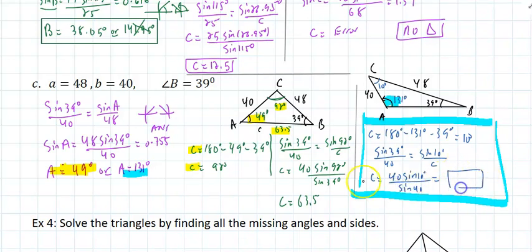And I could get an answer out of that as well. If I take 40 times the sine of 10 degrees divided by the sine of 39 degrees, I can get this to be 10.8. And what do you know? It worked here as well.